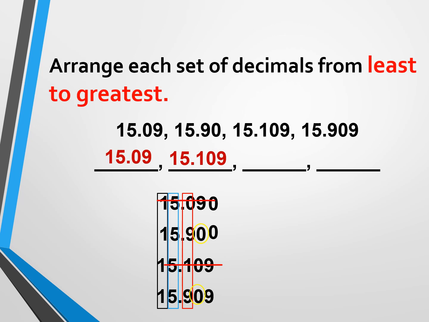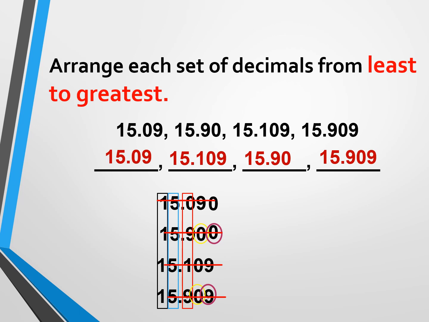So we'll proceed to the last digit, which is 0 and 9. So we can see that 9 is higher, so meaning 15 and 90 hundredths will be eliminated. So the second is 15 and 90 hundredths, and the highest number is 15 and 909 thousandths. Did you get it right?